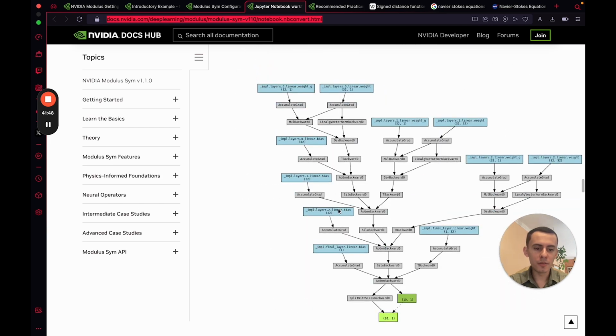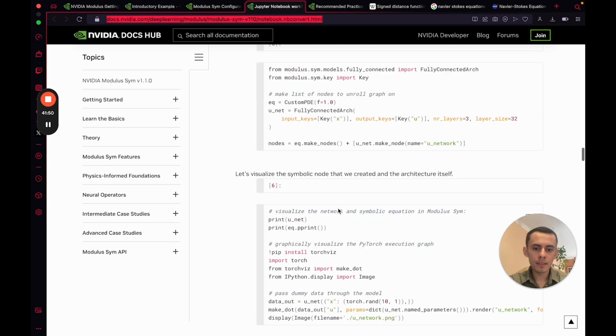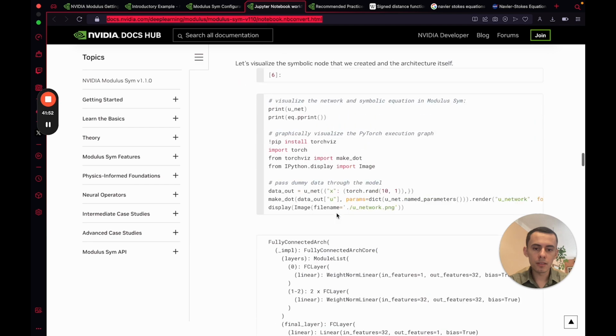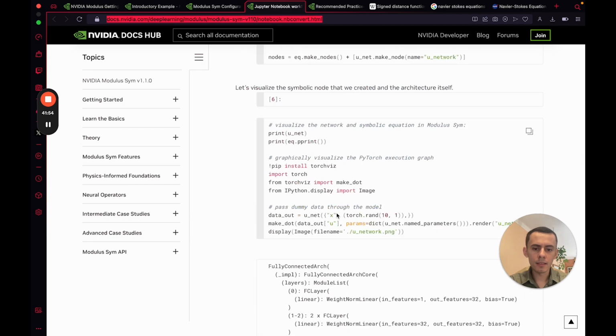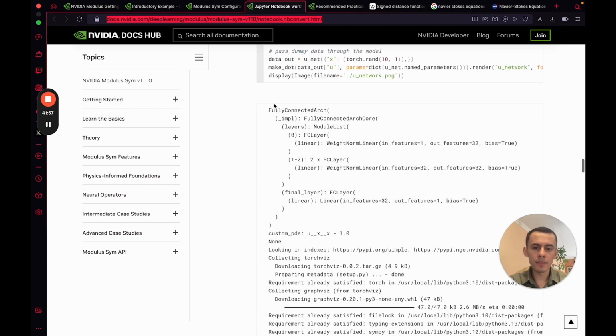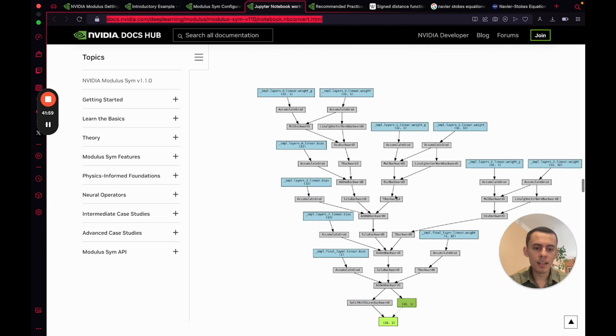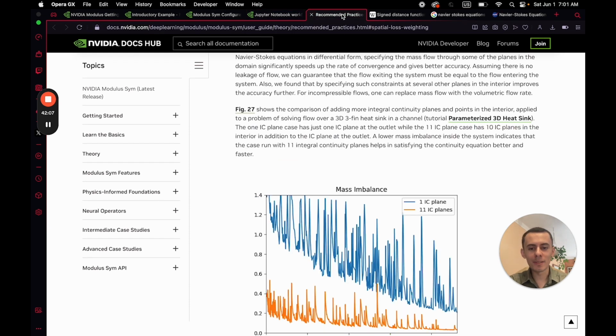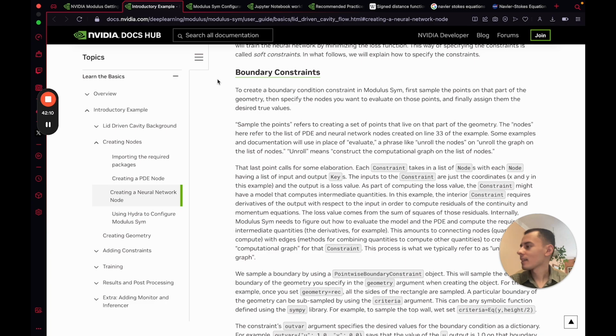They also show you how to visualize a little bit the neural network definition, if I'm not mistaken. Yeah, here's the fully connected architecture, and they teach you how to visualize that a little bit. I don't think it's that useful. It's a lot of nonsense if you don't know about neural networks, so you can forget about that.